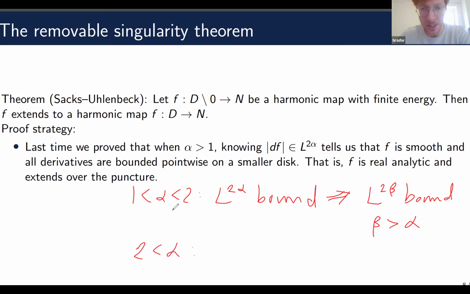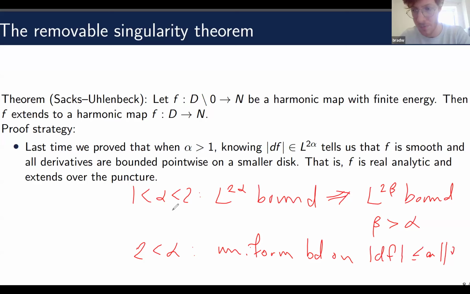And then after you pass alpha equals 2, so for 2 less than alpha, you get something else happening. So you get a uniform bound on df pointwise, controlled by this L2 alpha bound.